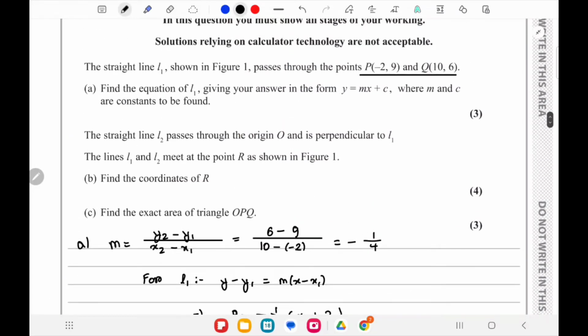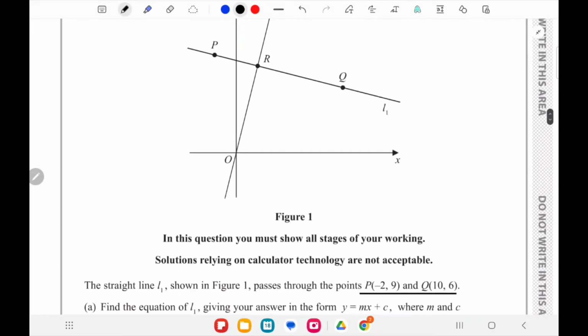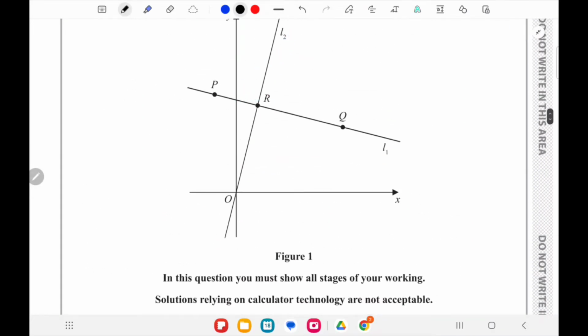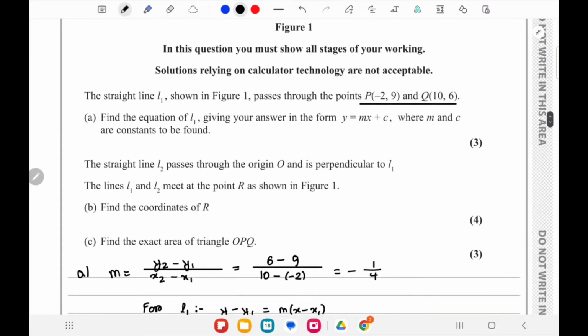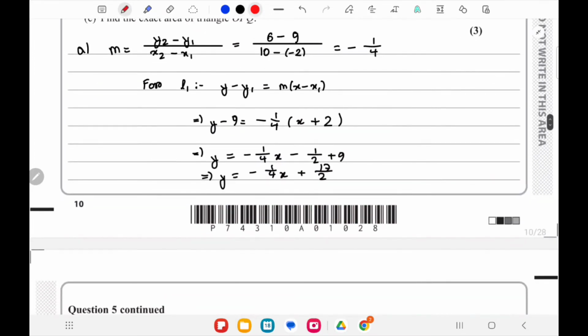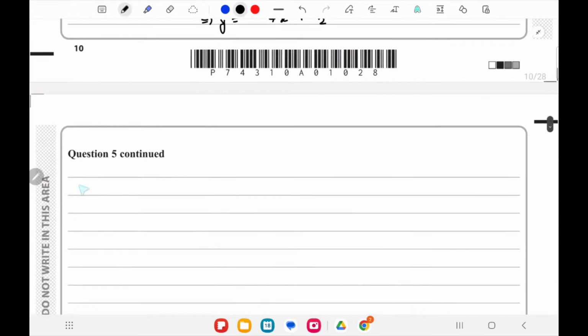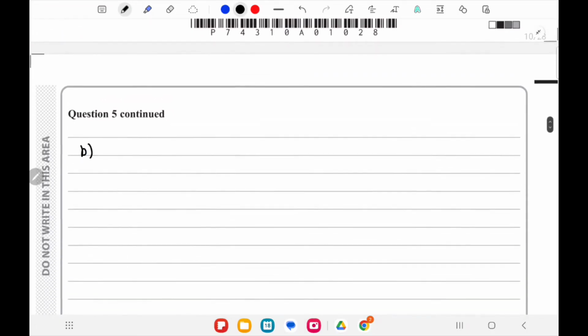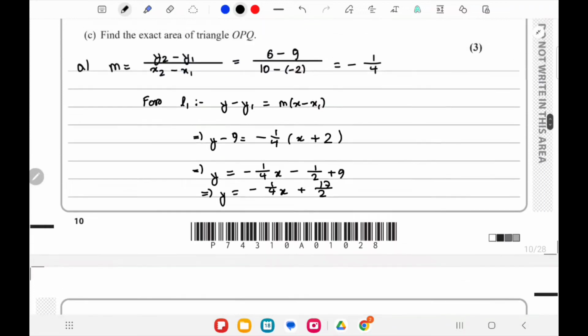Now in part B, we are told that the straight line L2, this line, passes through the origin and is perpendicular to L1. So we know that if something is perpendicular to another thing, the product of their gradients would be minus 1.